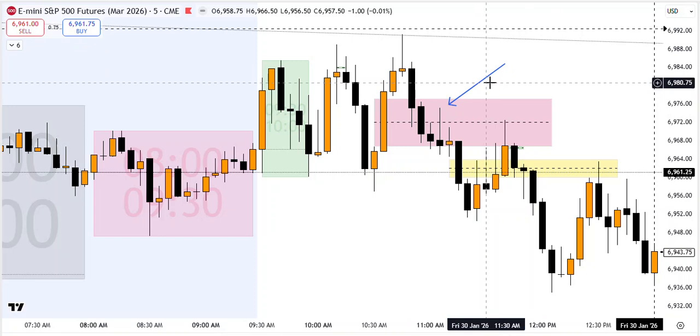As this is a day trading model, I am not too concerned about the higher time frame. So the daily, the weekly, even the 4 hour, I'm not really that concerned about them. I am aware of them, I'm just not concerned about them. I'm more concerned with the 1 hour and the 30 minutes. The way I see the time frames is the 30 minutes and the 1 hour are sort of partners.